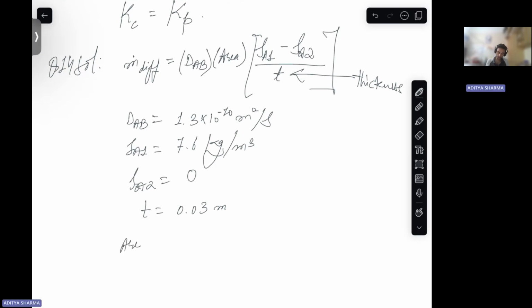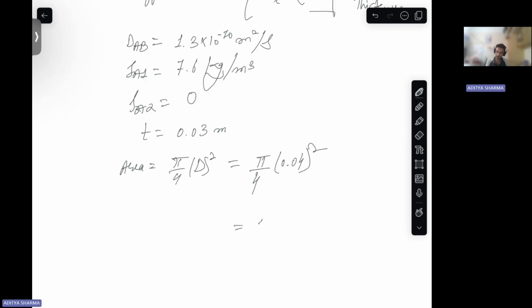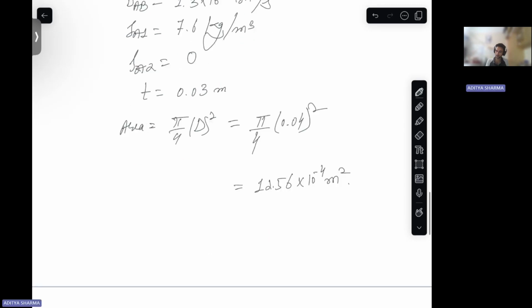Then area equals pi by 4 diameter square. So pi by 4, your diameter is 40 mm, that is this. So if you calculate this, this will come out to be this.